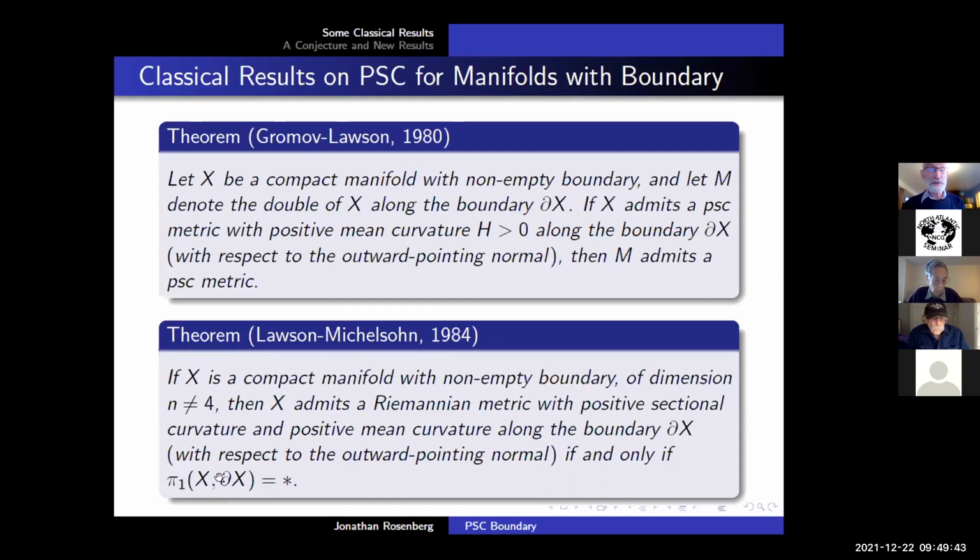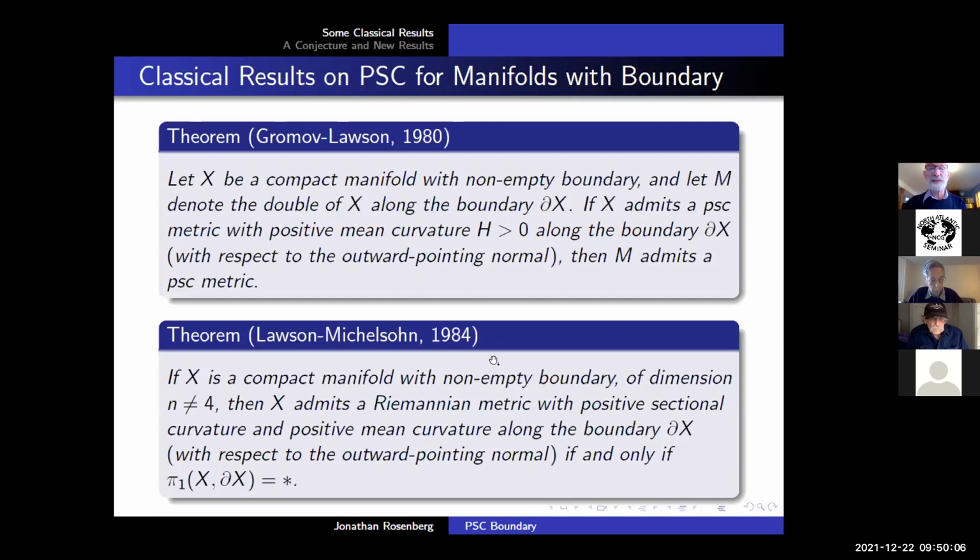Relative pi1 vanishing means that if X is connected, then the boundary is also connected, and the map on fundamental groups induced by the inclusion of the boundary is surjective. But when those conditions are satisfied, then you can do this.